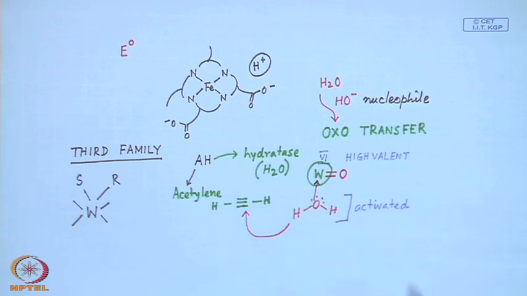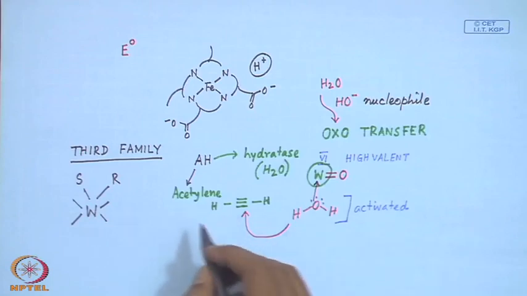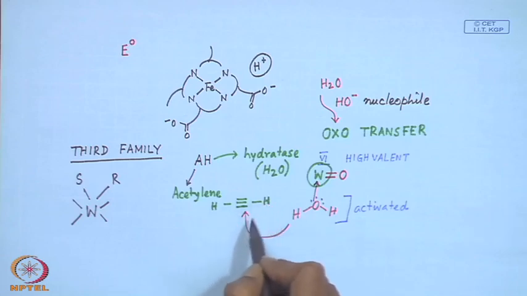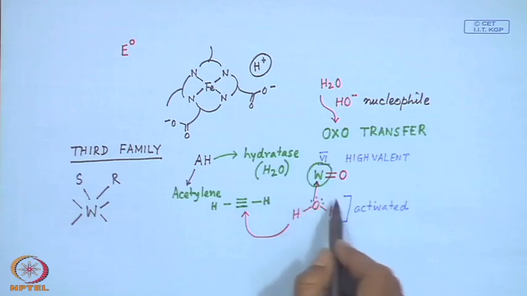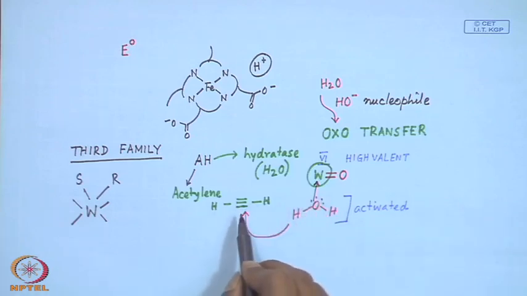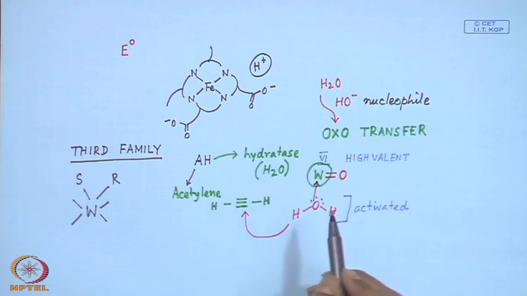That means the hydration of the acetylene molecule is well known, but it can be made synthetically in the laboratory in the presence of the mercuric ion. In the presence of that mercuric 2 plus, the nucleophilic character of this water molecule is enhanced, and it can go and attach to this acetylene molecule.